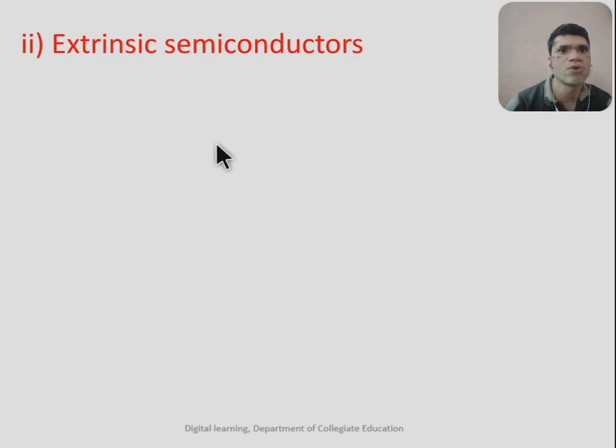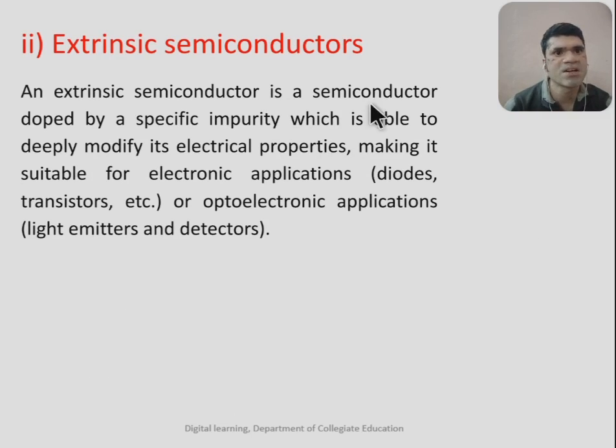So next we will move to extrinsic semiconductors. An extrinsic semiconductor is a semiconductor doped by a specific impurity which is able to deeply modify its electrical properties, making it suitable for electrical applications like diodes, transistors, etc., or optoelectronic applications, that is, light emitters and detectors.